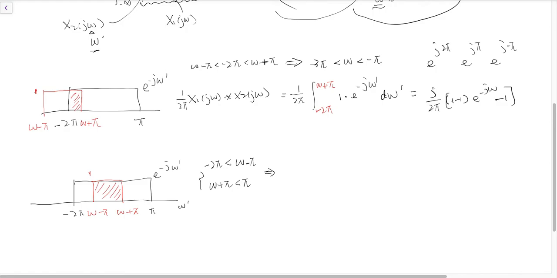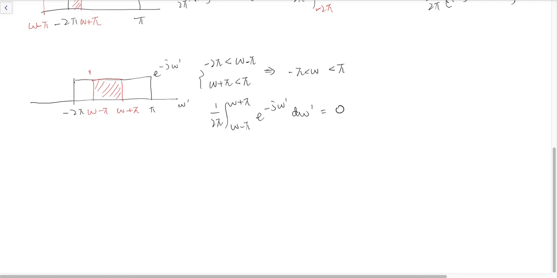We were able to find the interval omega from negative pi to pi. If we do the same integral here from omega minus pi to omega plus pi, which is the overlap, of e to the negative j omega prime, we find this integral is actually 0.